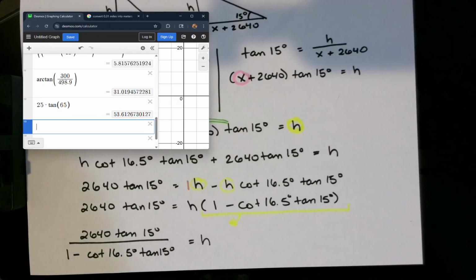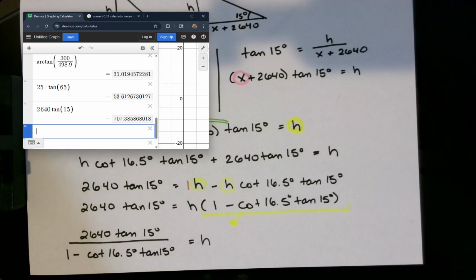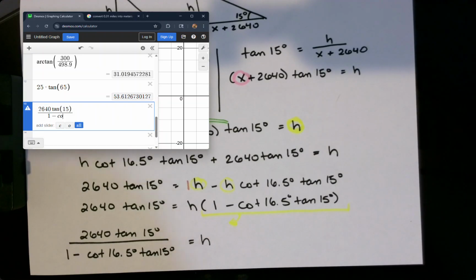All right, so I'm going to type in the whole thing because I solved for it already. I forgot to hit the division key. There we go. So on the top, 2,640 tan of 15. On the bottom, 1 minus the cotangent of 16.5 times the tangent of 15.